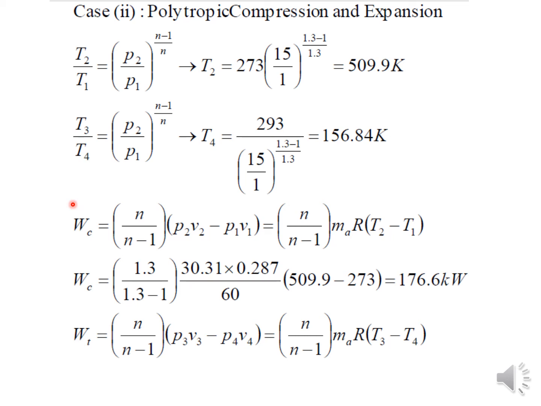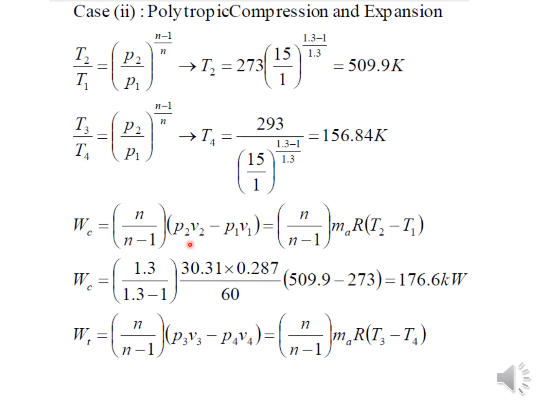So now we will not directly calculate the COP. How to calculate COP? We will calculate the work done by the compressor and the work done by the turbine, and we'll use the other formula. The work done by the compressor formula for a polytropic process is N divided by N minus 1, P2 V2 minus P1 V1. We have seen this derivation in the reciprocating compressors videos. You go on visiting those videos, or take out your notes and see this.